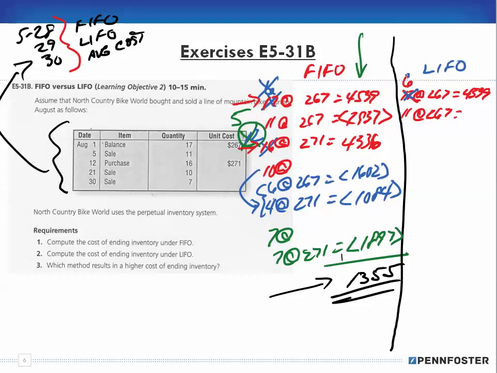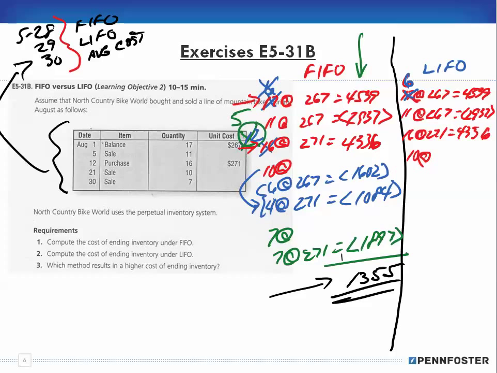Since we're making that sale, that is 29.37. Then we're purchasing 16 at 271, which means we're adding in 43.36. Now we're going to sell 10 more, right?